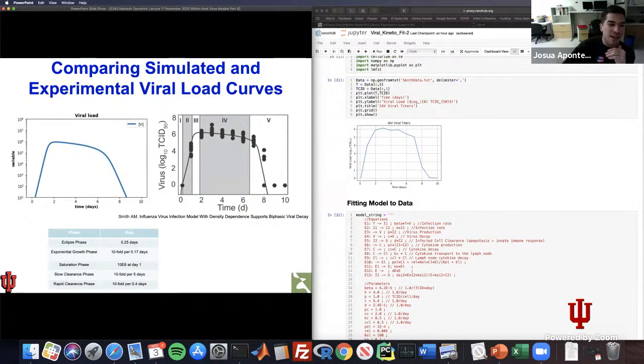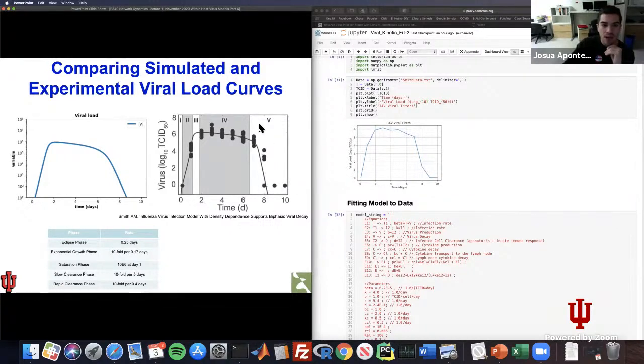So we set a threshold and say the eclipse phase means that the virus is below this threshold. Basically 10 to the 1 is the one that we set up. When you look at the 10 to the 1 threshold here and here, it's kind of similar. Not terribly, but yes, we might be shifted a little bit in terms of the eclipse phase.